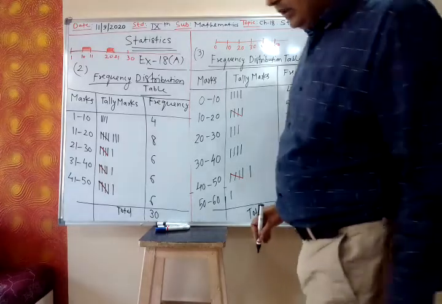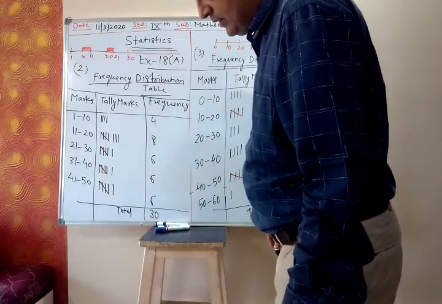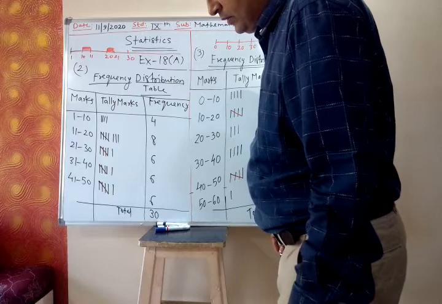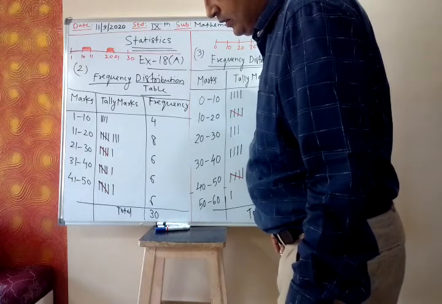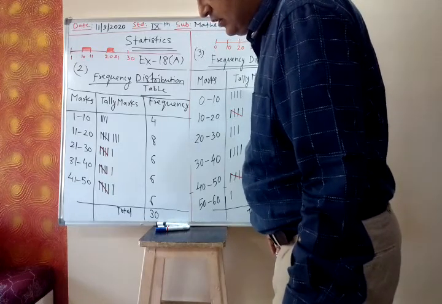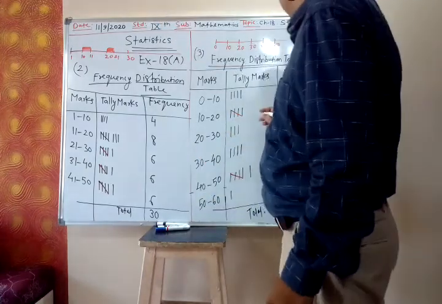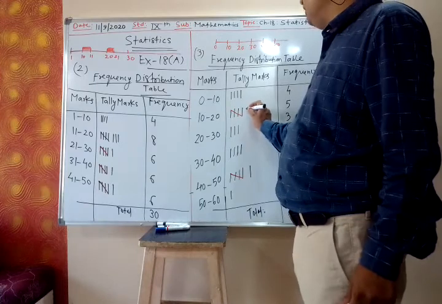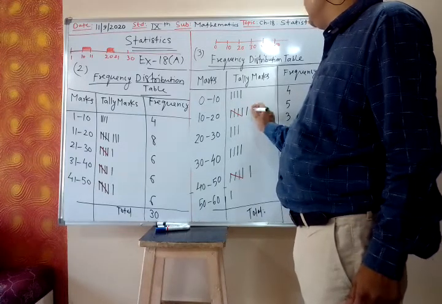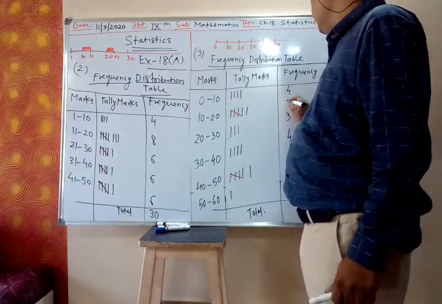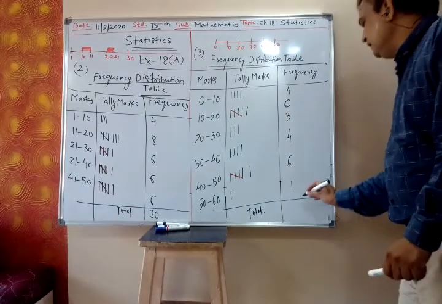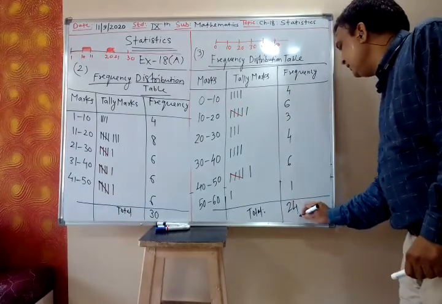So how much is it coming? 10 to 20, how much? 10 to 20, one more we have missed, that is 6. We have missed one frequency, and that is 24.